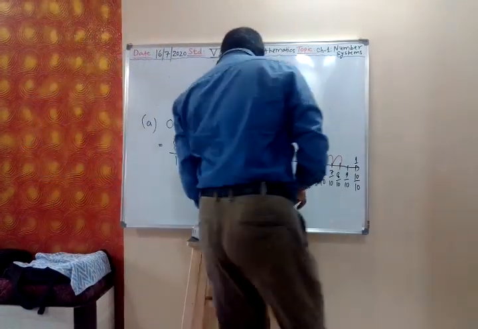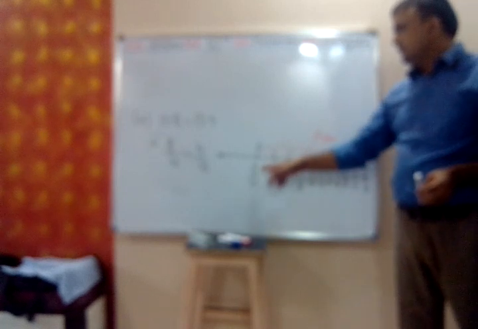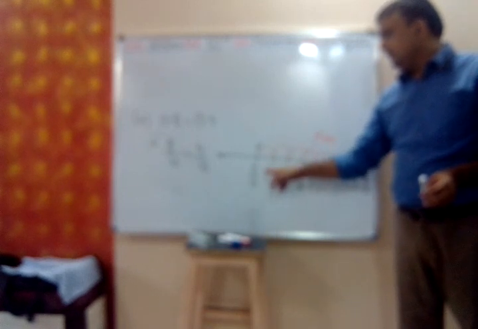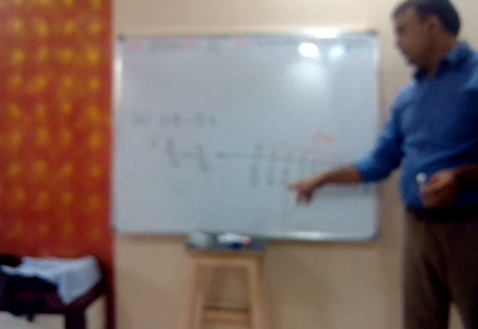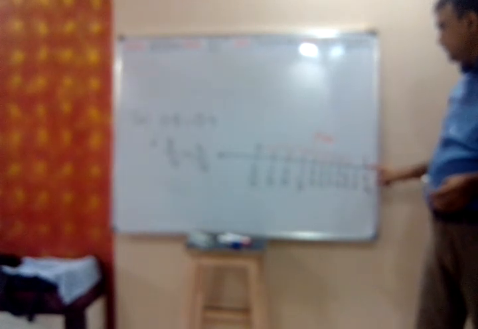This is 0 to 1. We divide it into 10 equal parts. So 0 upon 10, 1 upon 10, 2 upon 10, 3 upon 10, 4 upon 10, up to 10 upon 10. 10 upon 10 is the same as 1.